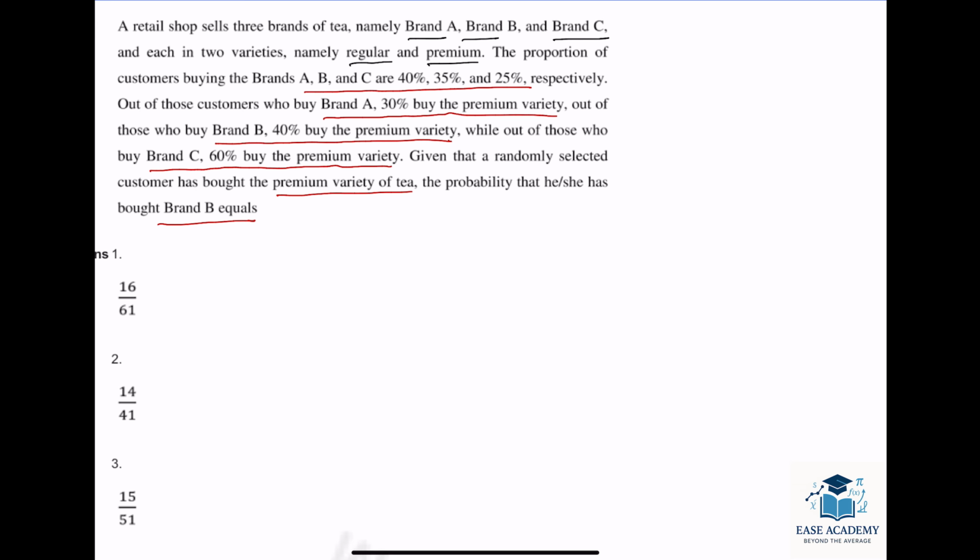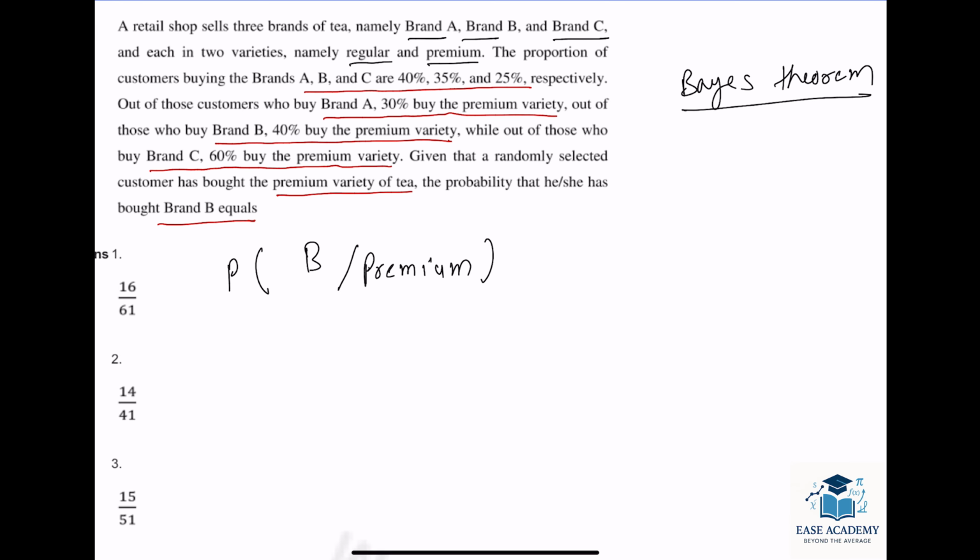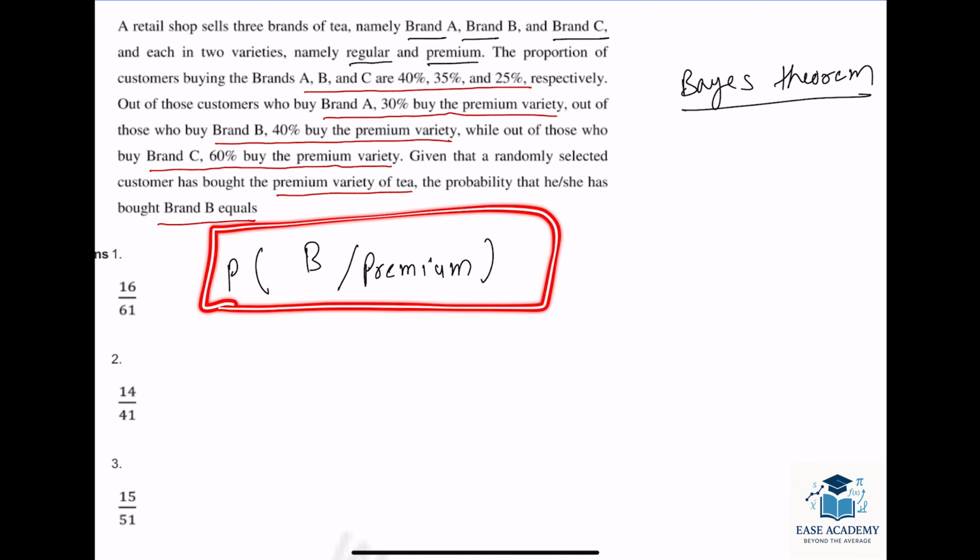to this. So here intuitively you can think that we will use the Bayes theorem. Bayes theorem says that given that a randomly selected customer has bought the premium variety, if I take the event premium as when the customer buys the premium variety of tea, the probability that she has brand B. So this is something we have to find.